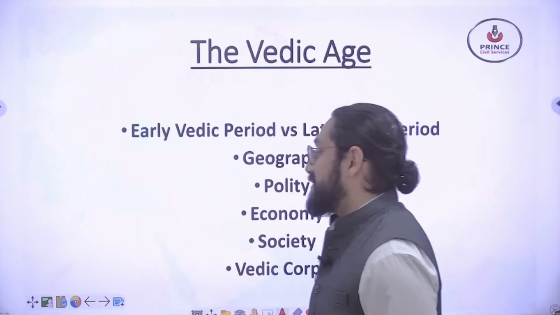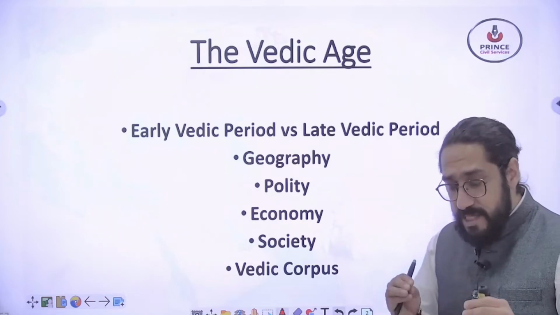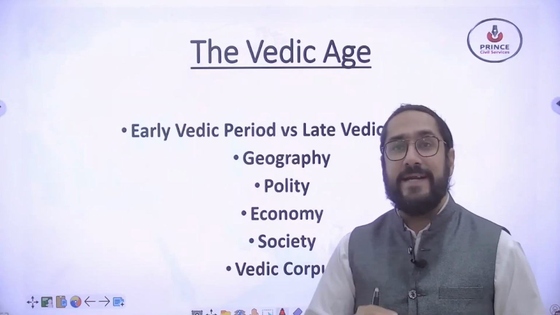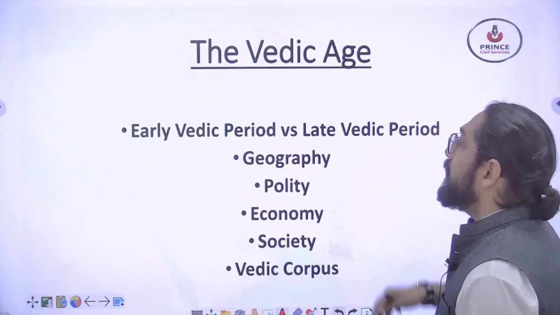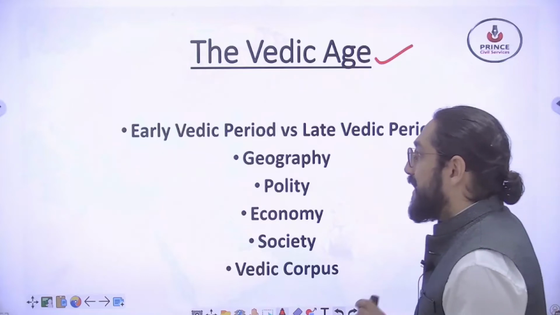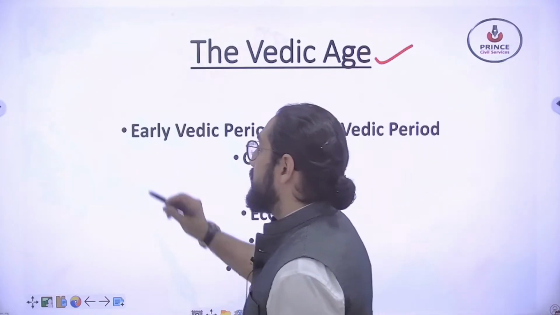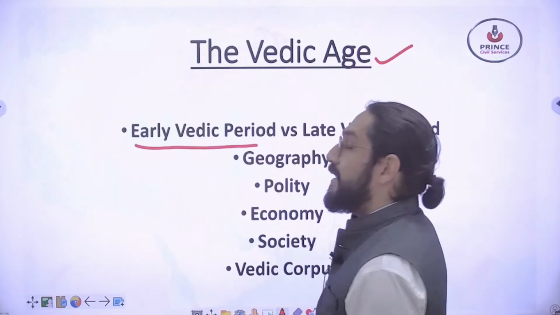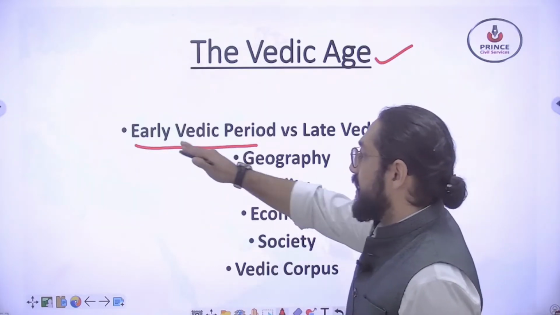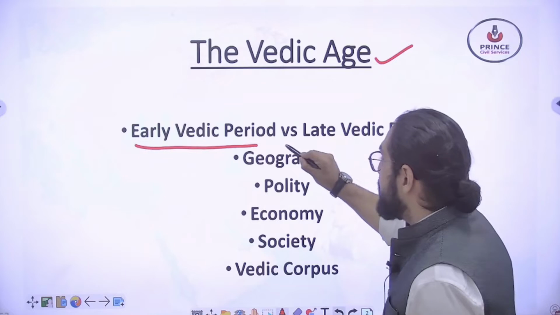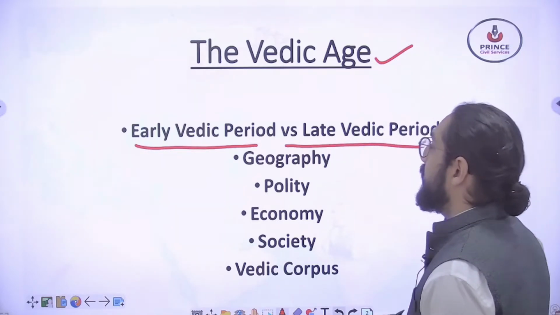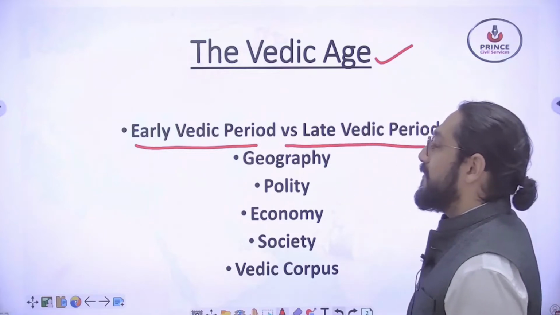But before I start with the questions, let me give you a quick review of what needs to be read from this chapter. Whenever you are reading this chapter, that is the Vedic Age, please keep in mind that you have to be in a comparative mode. Whenever you are reading the early Vedic period, compare it with the late Vedic period, and whenever you are reading the late Vedic period, compare it with the early Vedic period.